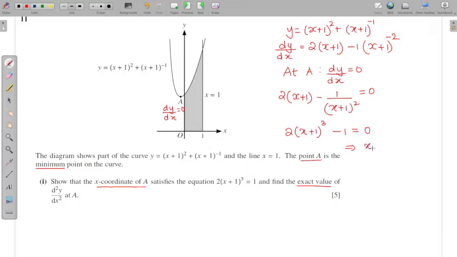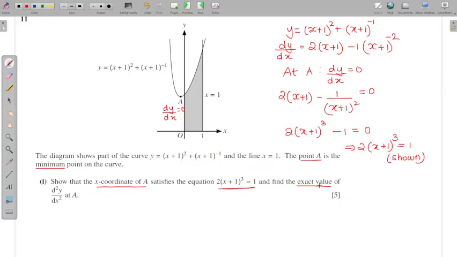So this will become x plus 1 whole cube equals half. Okay, so we have to show that we're satisfying this equation. So we have already done that. If I just take 1 to the other side and do not take this 2, this will become 2 times x plus 1 cube equals 1. So we have shown.